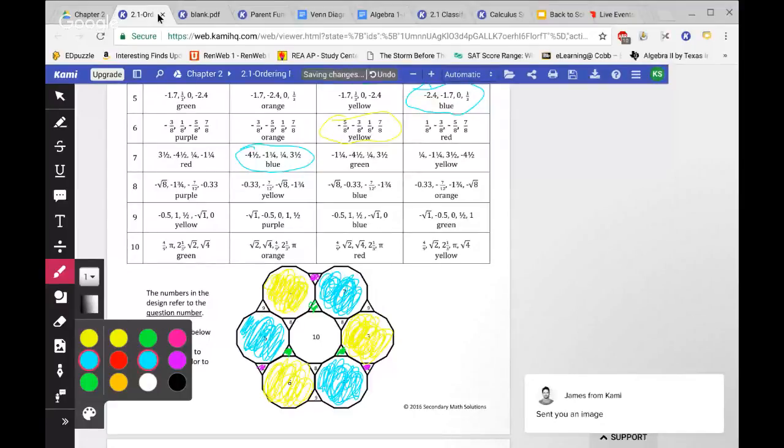All right. For number 8, this one we actually might have to turn those into decimals. So we've got quite a few negative numbers, so we're going to have to turn all of these into decimals. So we got to look up what is the square root of 8. It's 2.828.